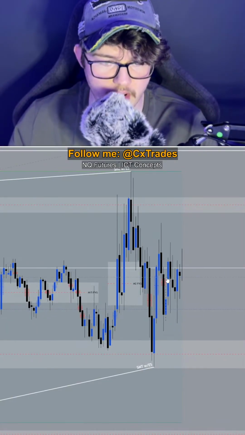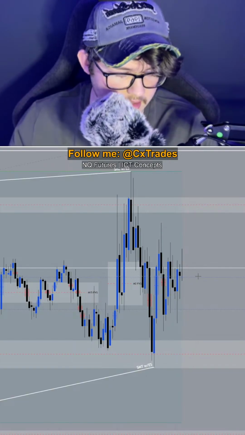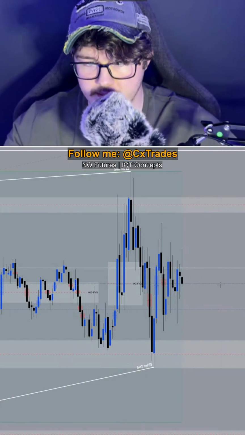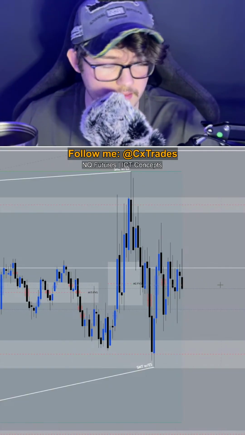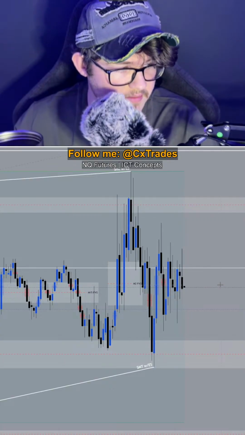This is just terrible price action. I don't know how anyone's trading this right now. If anyone is trading it right now. Most people probably aren't even on the charts because it's FOMC.